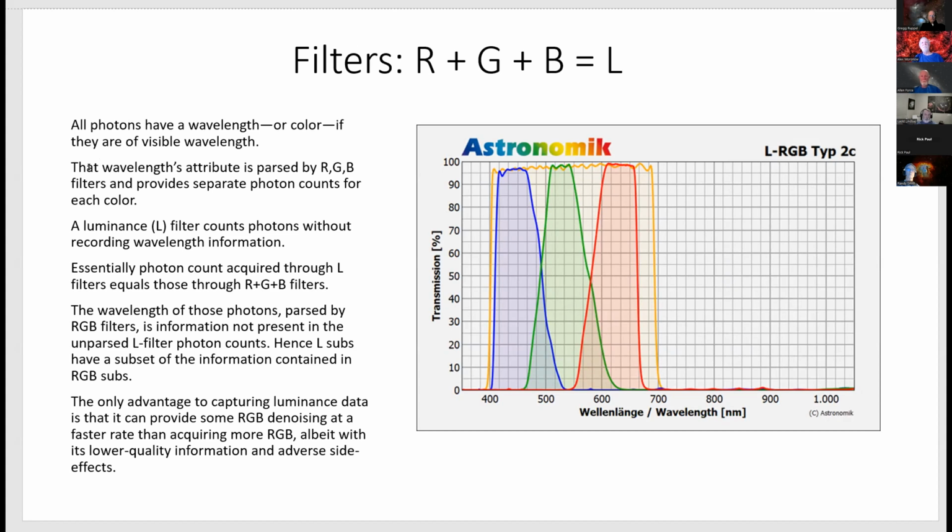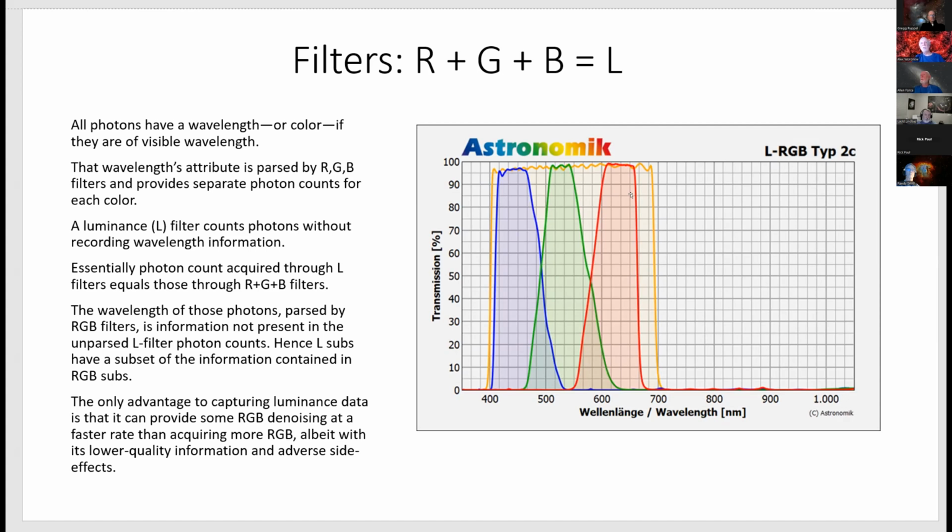All our filters are doing is parsing the incoming photons into the different colors. And when we take an L, a luminance filter, the broadband L filter, it doesn't parse those. It just simply counts photons regardless of their wavelength within that bandwidth. So it just counts 1, 2, 3, 4, 5, the number of photons coming in.